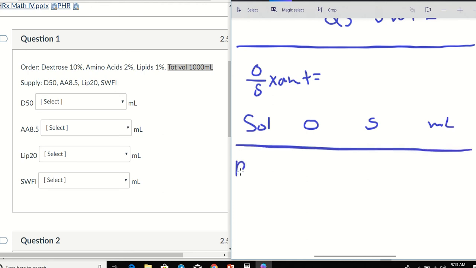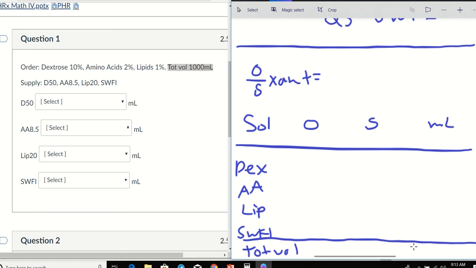So we're going to use some dextrose, some amino acid, some lipids, and some water, sterile water for injection. Total volume. What's our total volume? 1,000. So all four things must add up to 1,000 mLs.